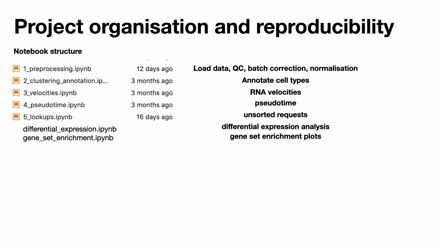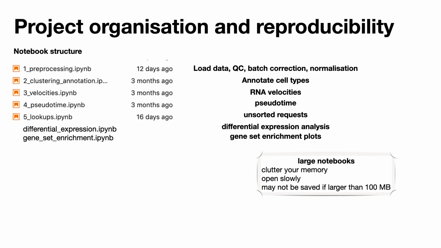This kind of structure helps me to get organized with the notebooks, and it helps me to keep the notebooks small. So I know what is happening in each of those notebooks, and the notebooks don't get too large, because what usually happens when you have too large notebooks is that they clutter your memory, they open slowly, they have a really sluggish behavior, and notebooks that become larger than 100 megabytes cannot be saved.